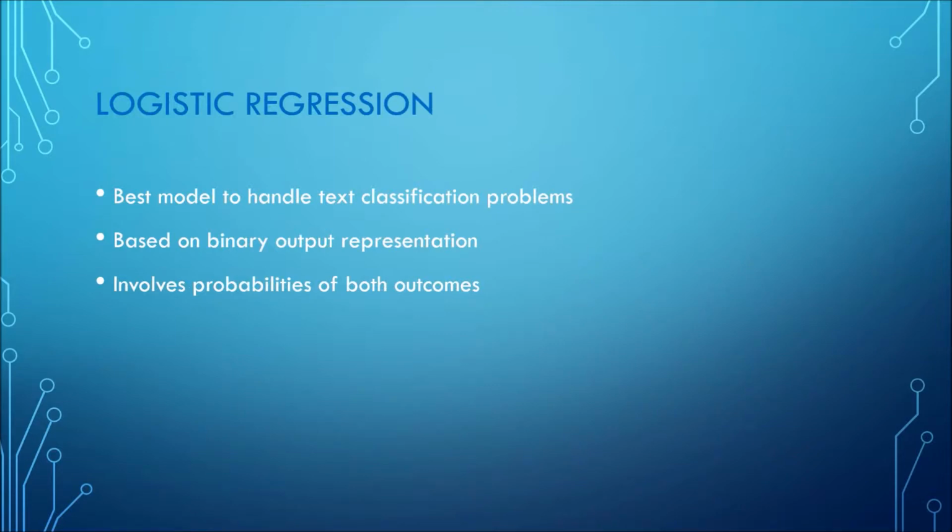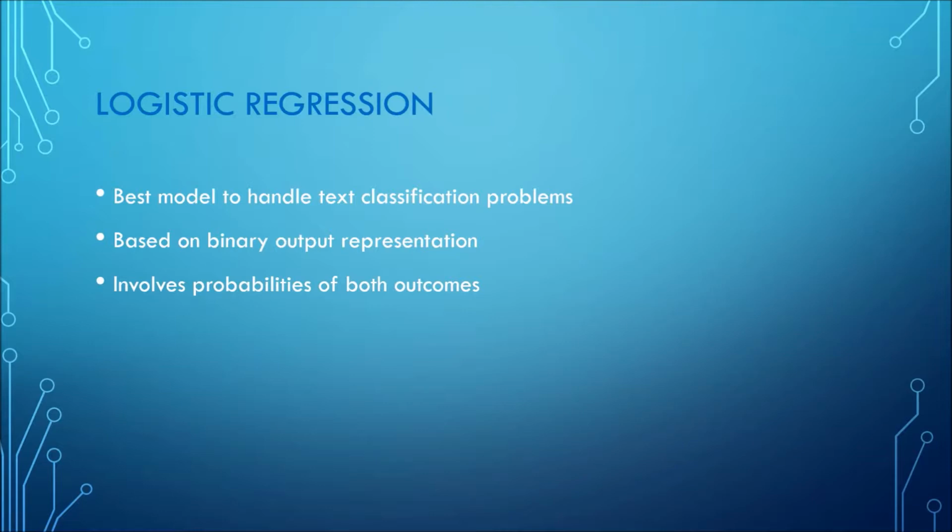The logistic regression model can be said to be the best model to handle text classification problems. Logistic regression has a binary representation of the linear data set being provided as input as the backbone.